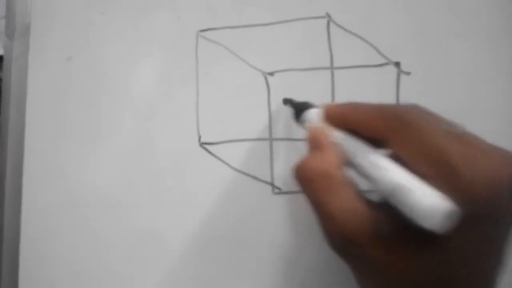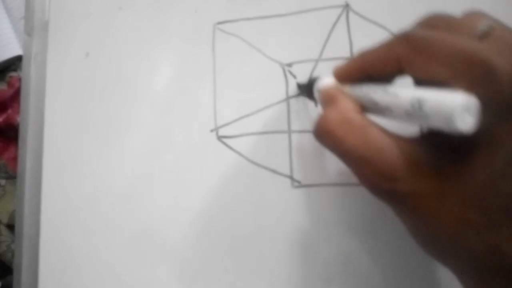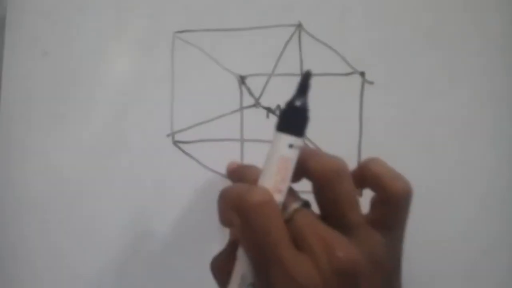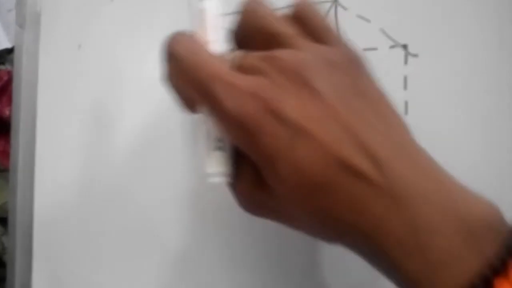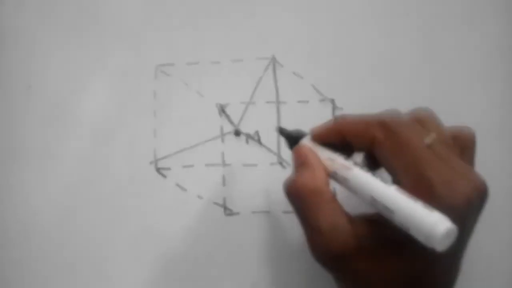At the center of the cube there will be the metal, and we will denote it so that we can understand it more easily. This is the cube, and this is the central metal ion at the center of the cube.